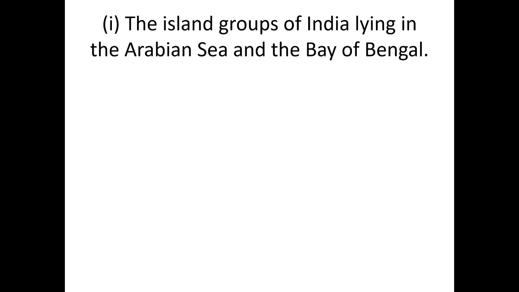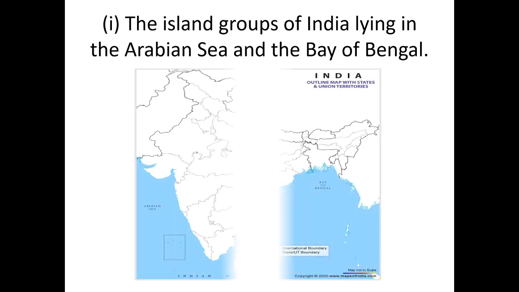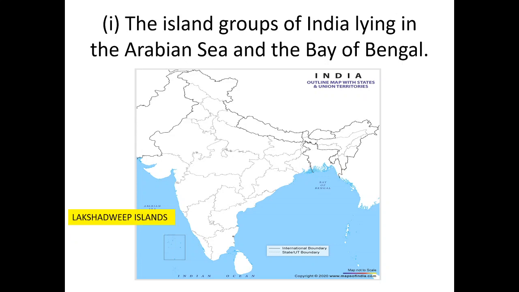The island groups of India lying in the Arabian Sea and the Bay of Bengal. So the island groups we have in Arabian Sea, Lakshadweep Island. Okay, you know this. This is the Lakshadweep. This is Lakshadweep in Arabian Sea. Okay, this part is called Arabian Sea and this part is called Bay of Bengal.